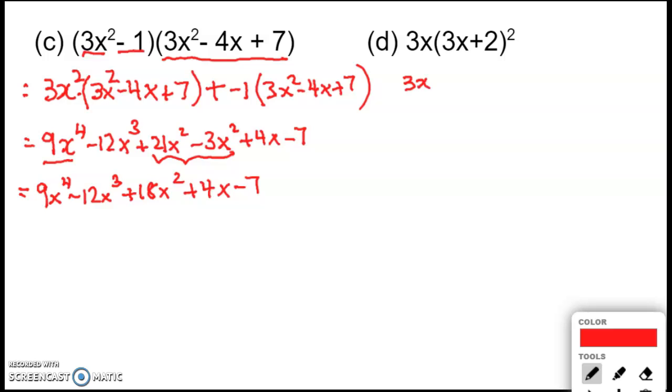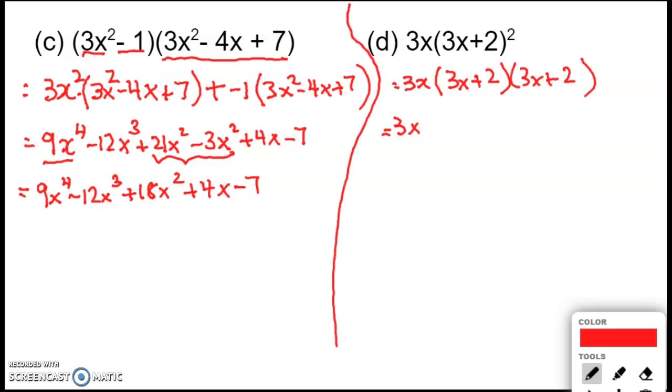So I am going to leave the 3x as it is, but this is just going to be 3x plus 2 times 3x plus 2. Then 3x plus 2, so I am going to leave this as it is. Remember this is two different problems, so don't get that confused.